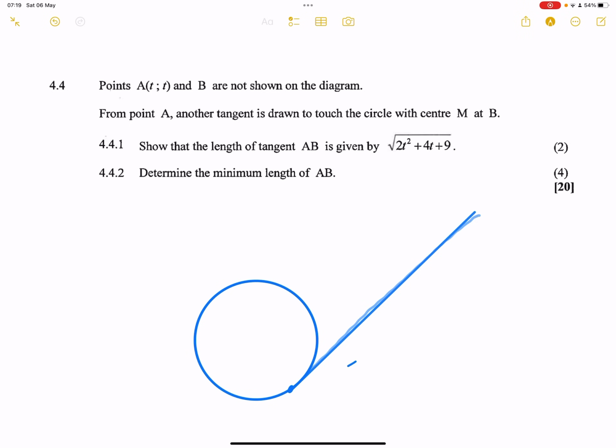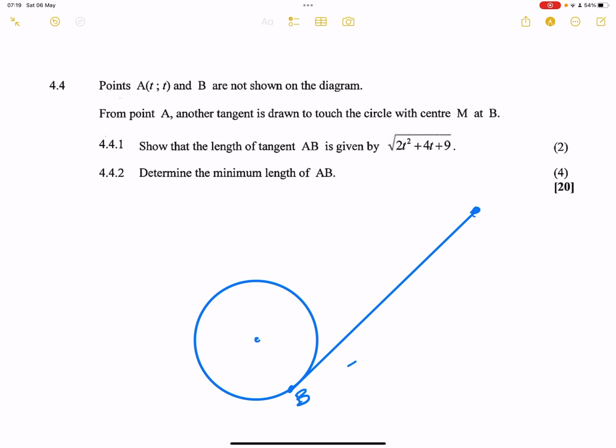So we are going to call this point B, and point A is that point outside of the circle.